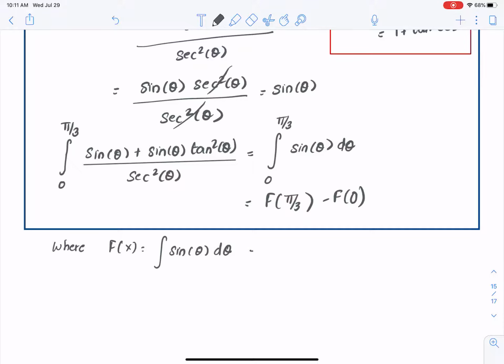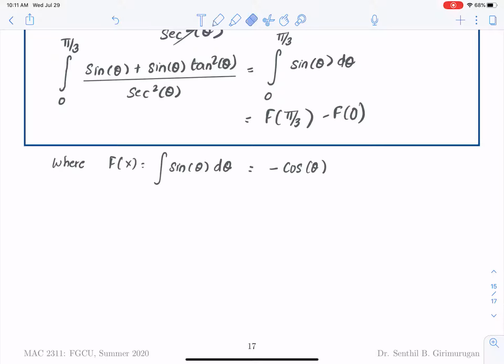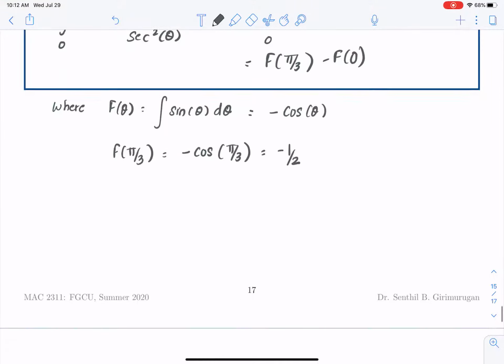From the table, we know that is negative cosine theta. It's not x, this is theta. So F of pi over 3 is negative cosine pi over 3. And that is 60 degrees, so negative half.